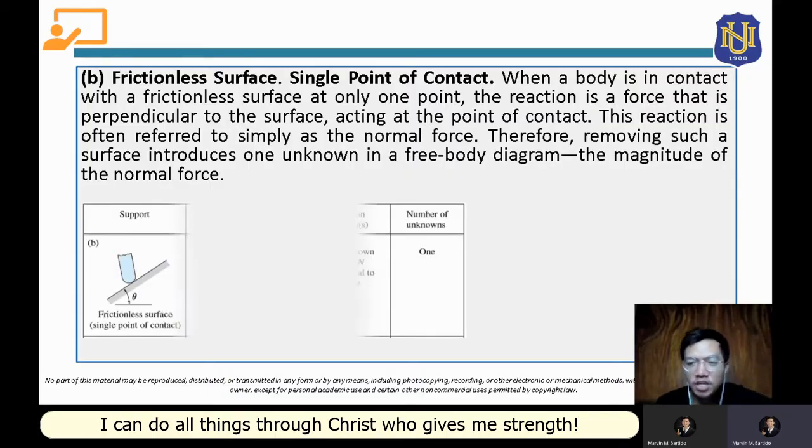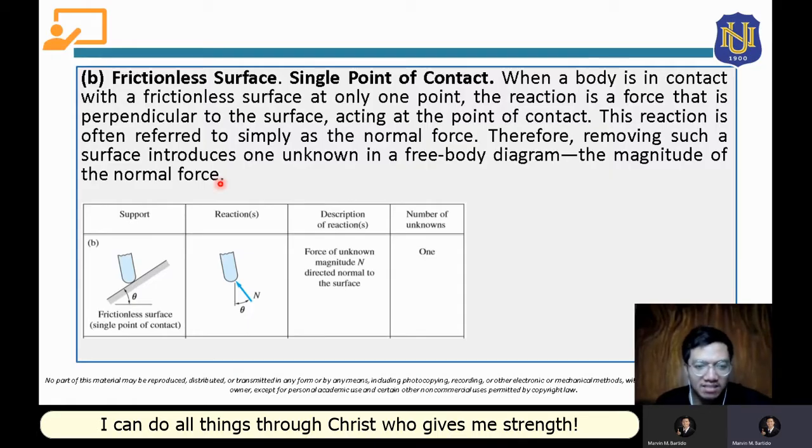So let's say we have here this surface, which is a frictionless surface. Let's say this is the body, and this body is leaning on this surface.